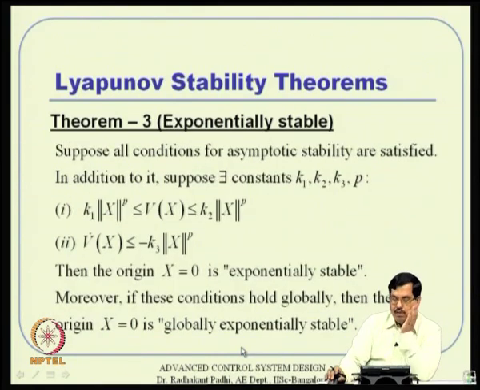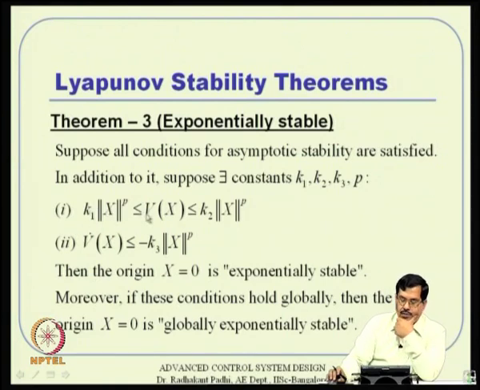What about another condition? What about exponential stability? This theorem tells us that suppose all conditions of asymptotic stability are satisfied. In addition to that, there exist constants k1, k2, k3 and p such that V of x is bounded on both sides and V dot of x is also bounded from above. What does that mean?